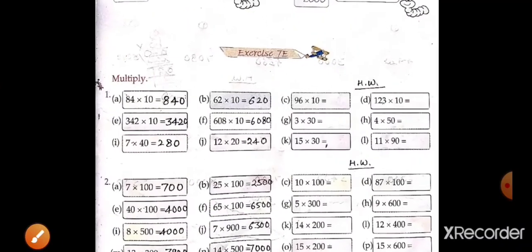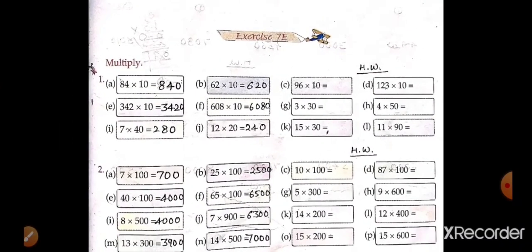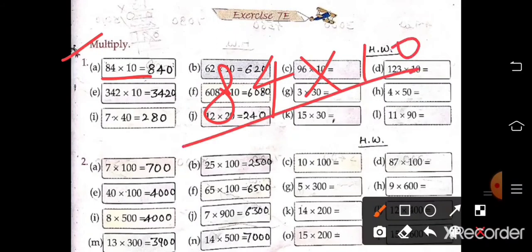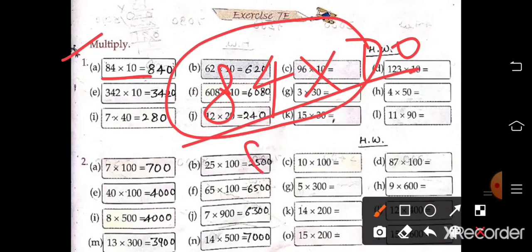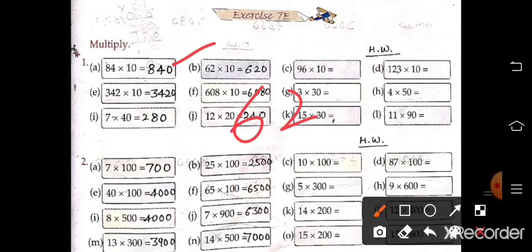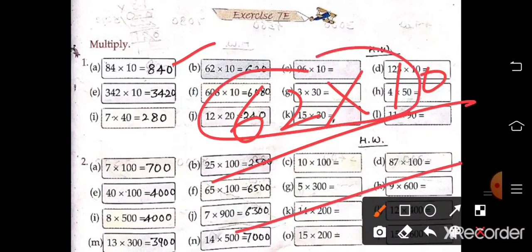Now the exercise is 7E, multiply by 10. Okay, so 84 multiply 10, 84 times 1 is 84, so 84 and write 0. Okay, now 62 multiply 10, then 62 multiply 1, 62, and put a 0 at the last.